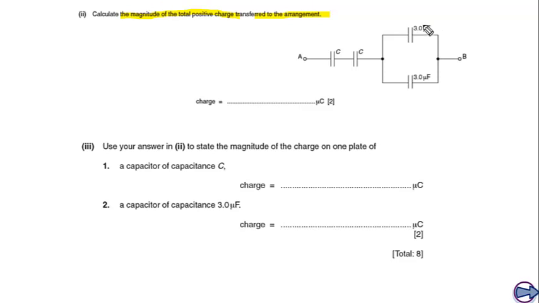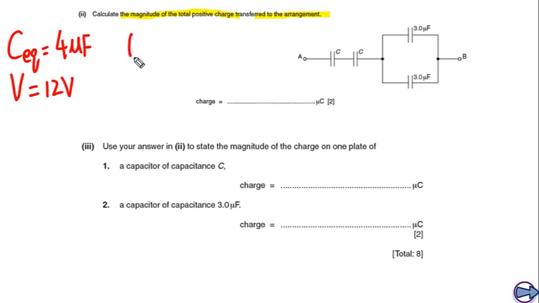It simply means that for this arrangement we need to understand what is the value of C total for this setup. If you read the question, it was given to us that it is 4 microfarads, and we need to find the total potential difference between points A and B, and that is also given to us, equal to 12 volts.